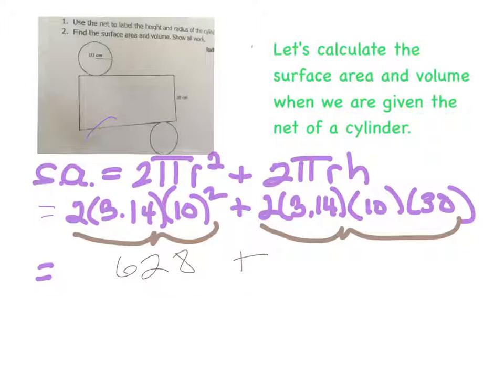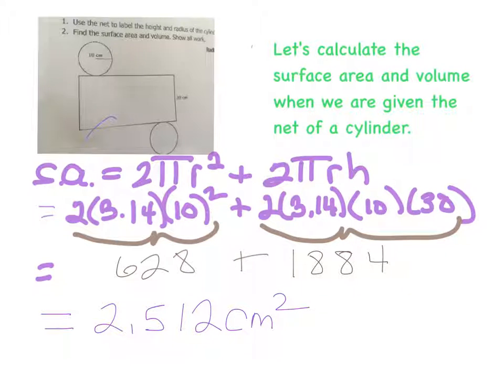And then the next one, which is 2 times 3.14 times 10 times 30, that's going to give us 1,884. When we add those two together, we get our total surface area of 2,512 square centimeters.